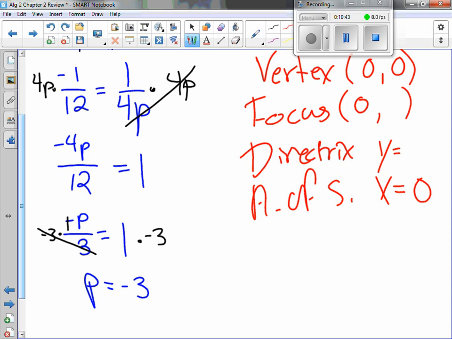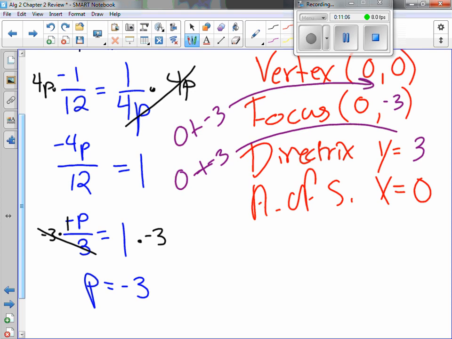Now the focus is k plus p. Well, the value of k is 0, so we have 0 plus -3, which is -3. We plugged it in. The directrix is k minus -3. Well, negative and negative will make a positive, so it's just 3.